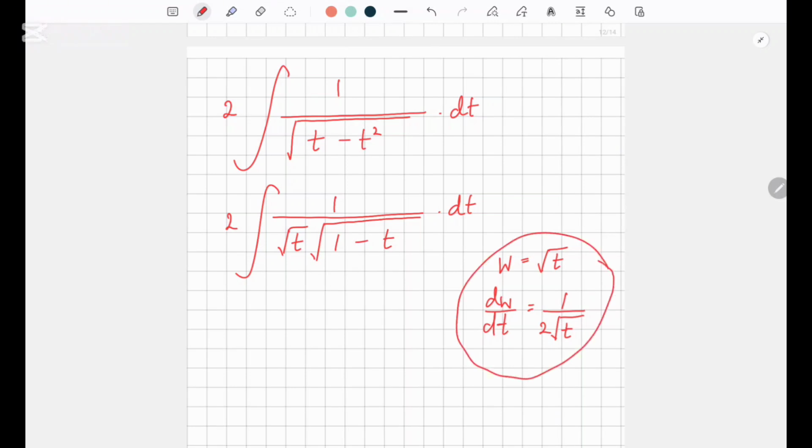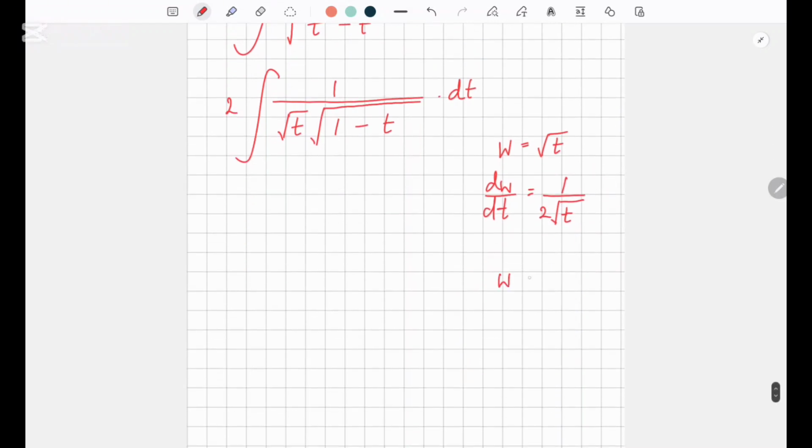If you have any doubts, let me show you. w equals t to the power half. When you differentiate it, dw over dt equals the half comes down into t to the power half minus 1. Because the power is negative, you can take it to the denominator. That's basically it. So 2 root t dw equals dt.